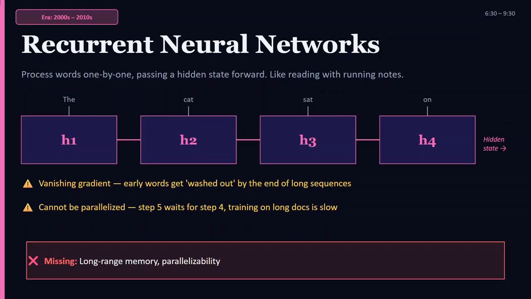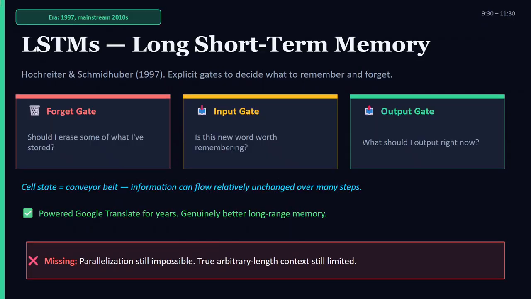Moving on, to solve this problem, we have the model of LSTM, also known as long short-term memory. The core insight is let's give the network explicit mechanisms to decide what to remember and what to forget. Simple, right? So an LSTM this time has three gates. Forget gate. So should I erase some of what I have remembered is what forget gate does.